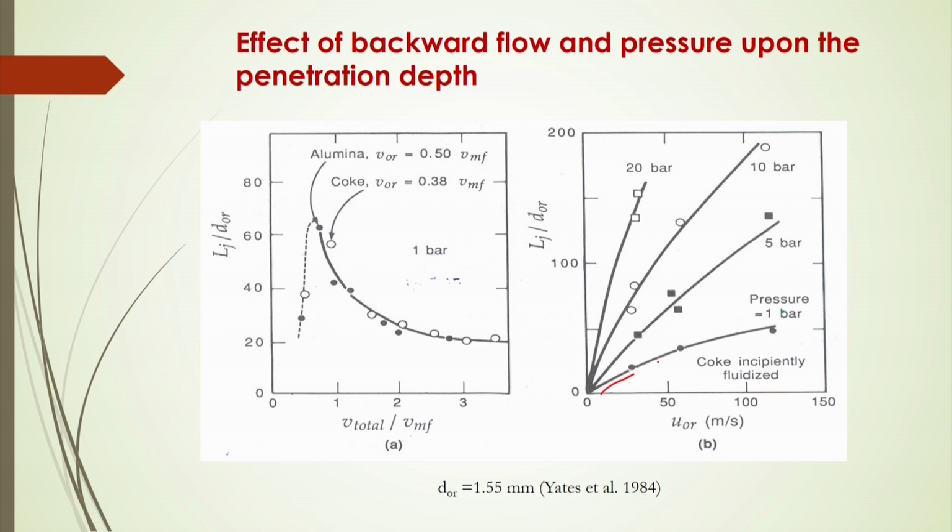In this diagram you see how the penetration length changes with respect to orifice velocity. If you increase the orifice velocity, the jet length will increase, and at higher pressure you will see LJ also increase. So, higher pressure may produce a higher penetration length.